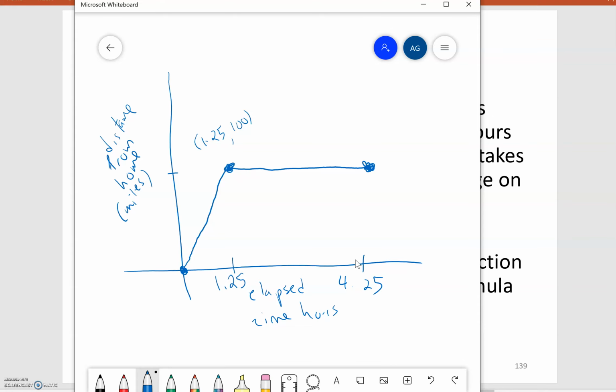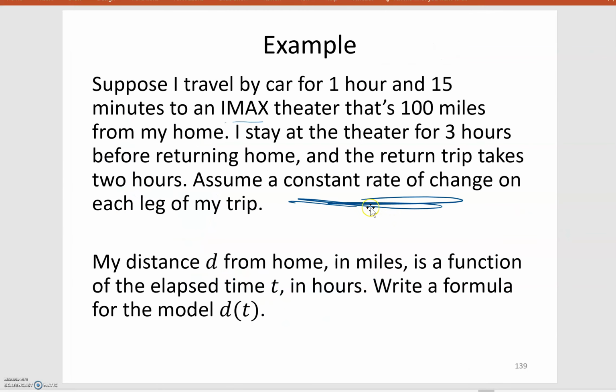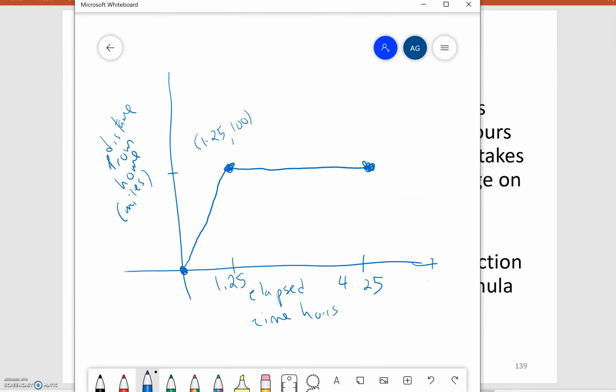Then I turn around and I come back home, and it takes me 2 hours. So that would take me to 6.25, and I take my trip back home. Okay, so in the next lecture, we will generate a function for this.